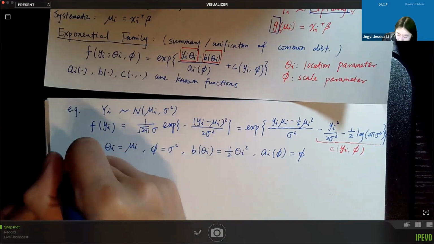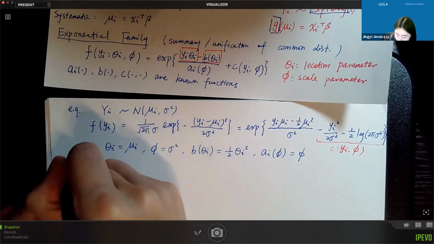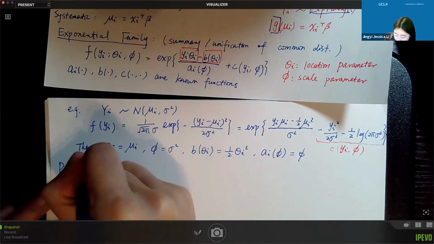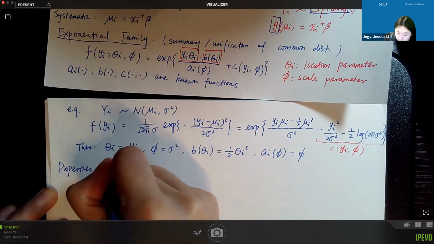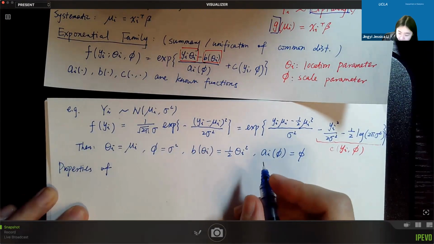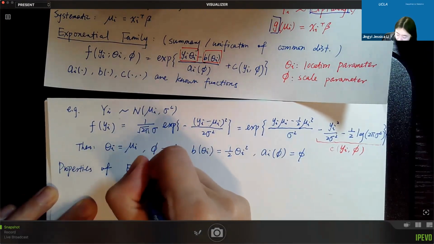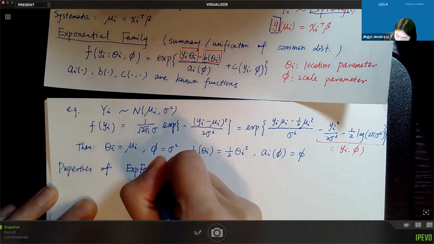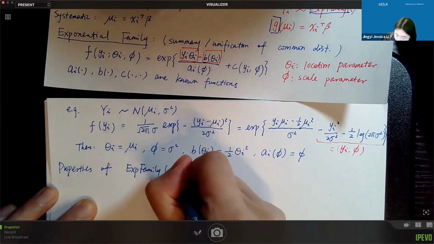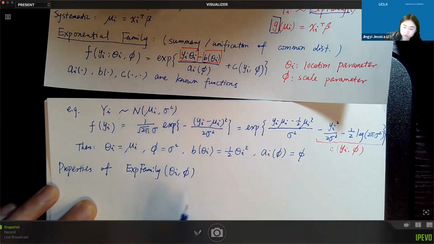Okay, so these two are the general properties. Properties of the exponential family with theta i and phi, the two parameters we specify.